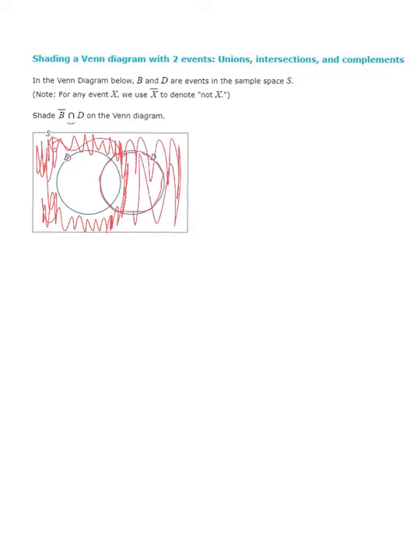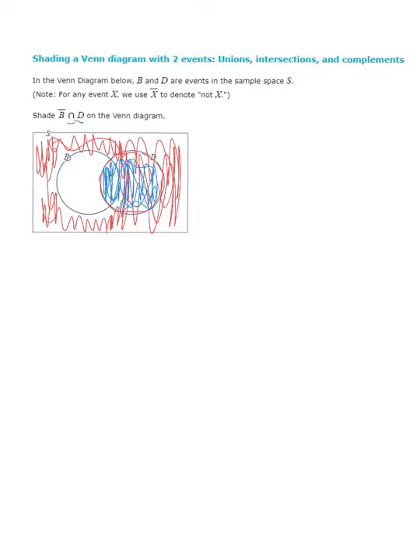Where does, so let me just, I'll do not B in red. Okay, here's not B. That's not B. And then I'll do D in blue. Here's D.